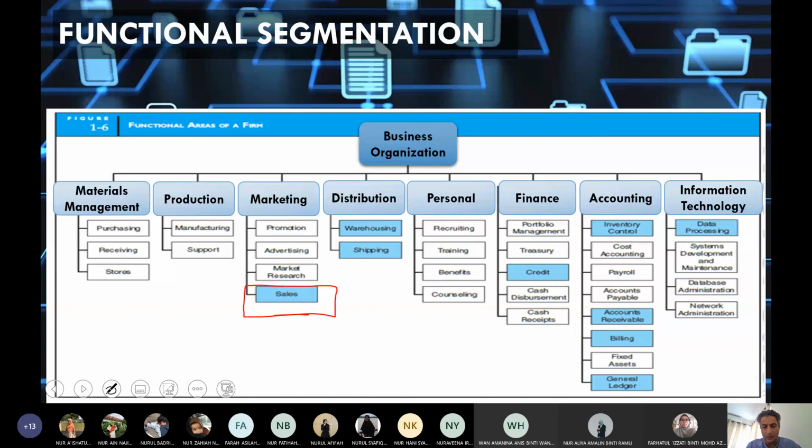When they sell goods to the customer, they will record the quantity that the customer orders or buys, and then the flow of the information will come to distribution and warehousing to process the shipment, and also to check the availability in the first place of that product or goods.